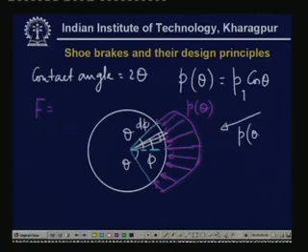p theta. If the radius is r, then d theta or d phi, then p is a function of phi. If you can write down phi this way, but let us take this angle to be not phi but theta.